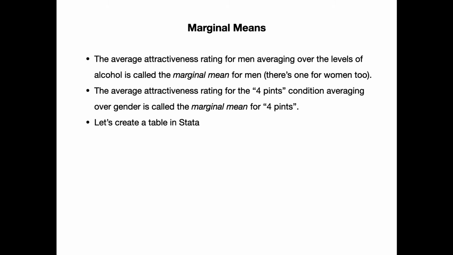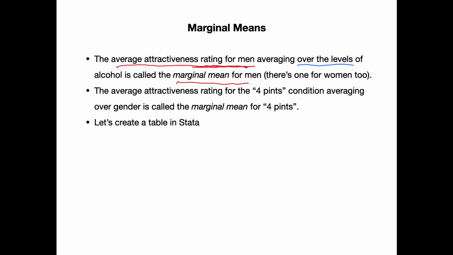Okay, so in order to actually compute the main effects, we're going to create what are called marginal means. Okay, and that's this. These are the means that come from averaging that we've been doing on these previous slides. So in the example that we're dealing with, the average attractiveness rating for men, averaging over the levels of alcohol, is called the marginal mean for men.